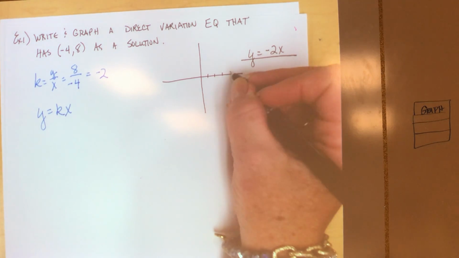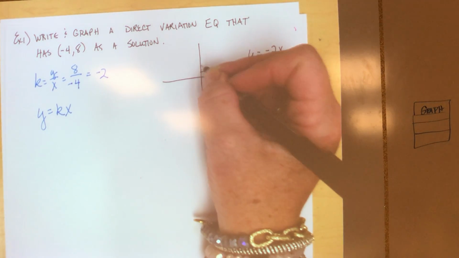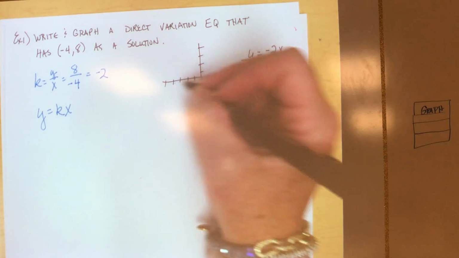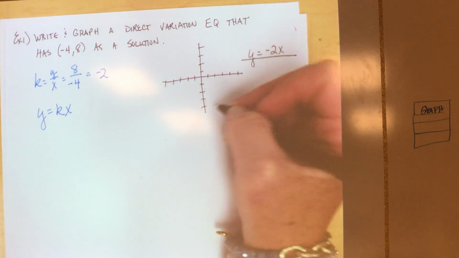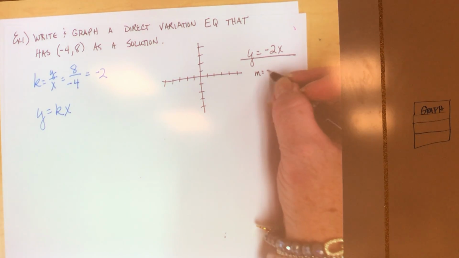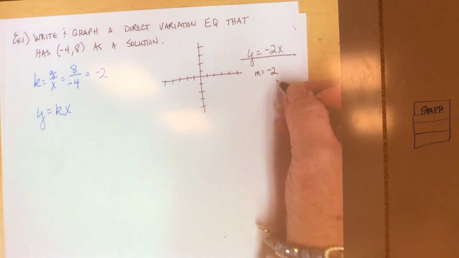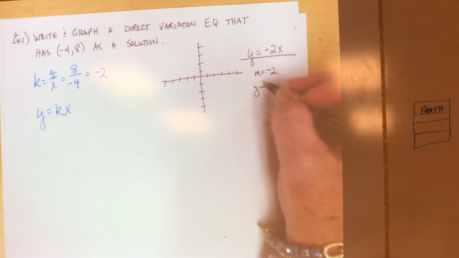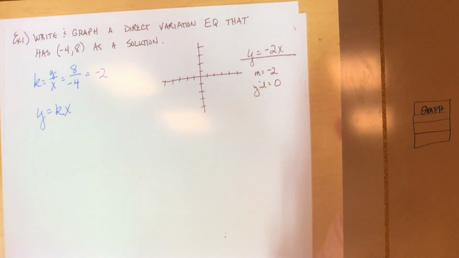Is that hard? No. So now we're going to graph it. Look what I'm doing, I'm checking myself as I go. What's my slope? -2. I need to be careful there, because negative slopes mess kids up. What's my y-intercept? 0. And that's good, because it's supposed to be.